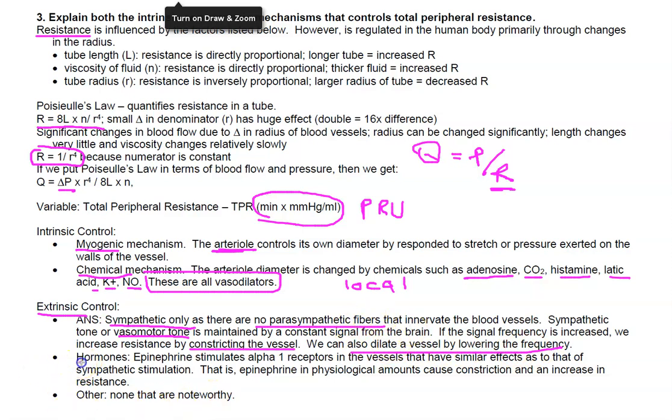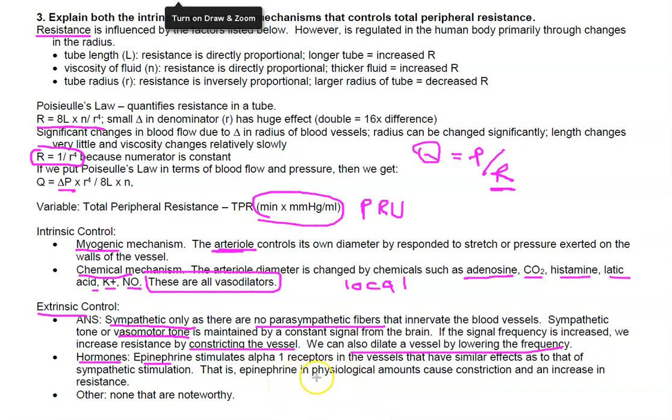We also have hormones. And as always, we have our friends epinephrine and norepinephrine. Remember, those are sympathomimetics, so they mimic the sympathetic nervous system. And because the sympathetic causes constriction, if we increase it, then those cause constriction. They all increase TPR.